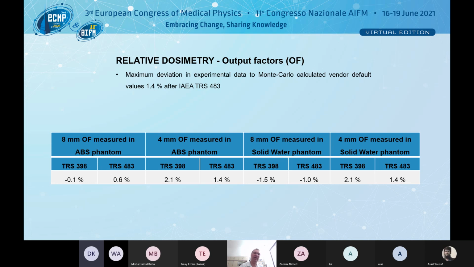It is necessary to say that all data which comes here are measured with a micro diamond detector. If I didn't mention it before, it should be on the second slide.